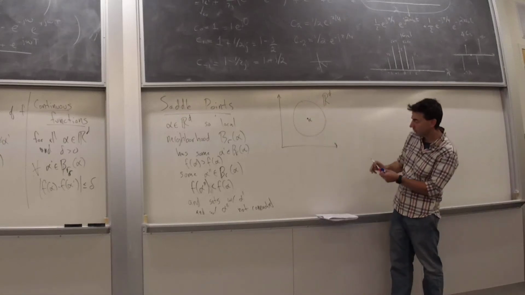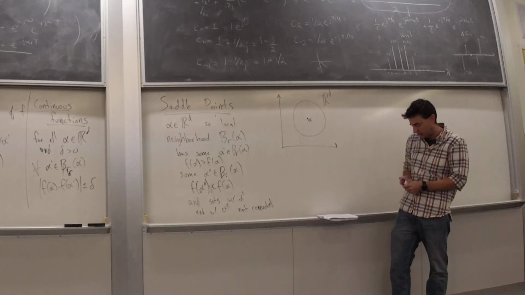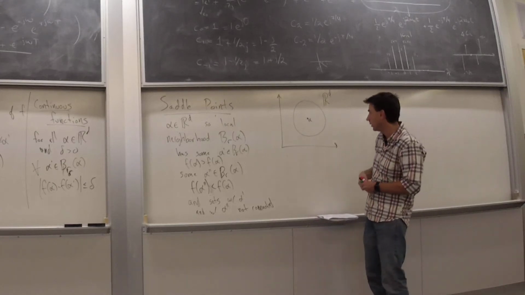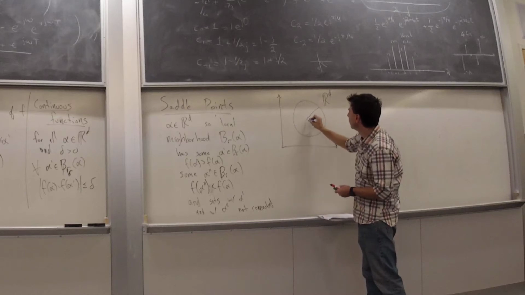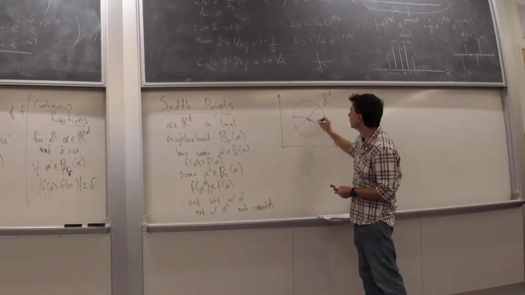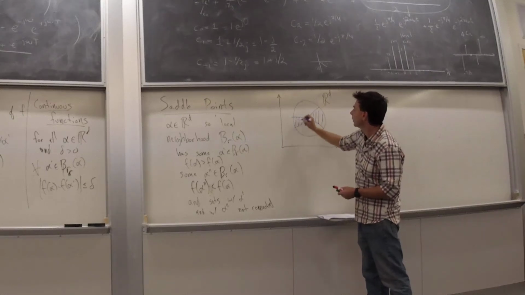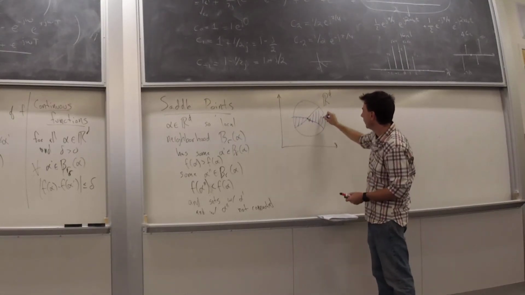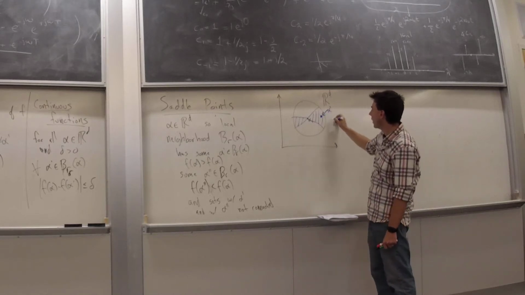But if it's a saddle point, it's going to be something like this, where I can decompose it into these regions where all of the points in here are alpha prime.